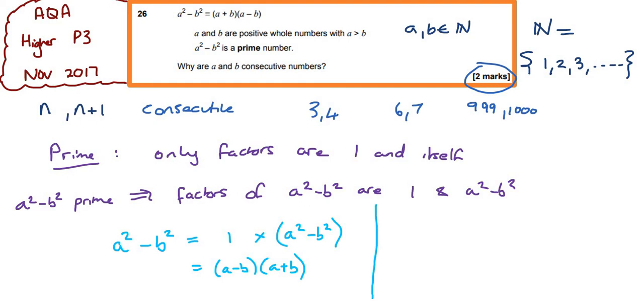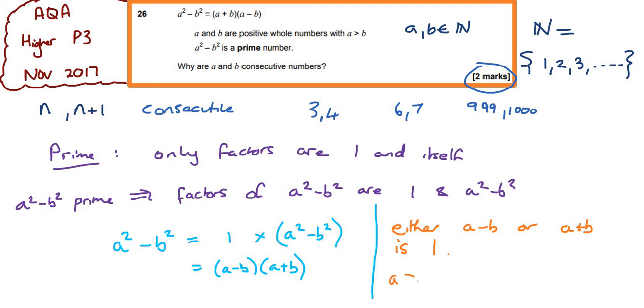So what does this tell us? Well, this tells us that either a minus b or a plus b is 1. Okay, let's go back to the question. It says a is bigger than b.